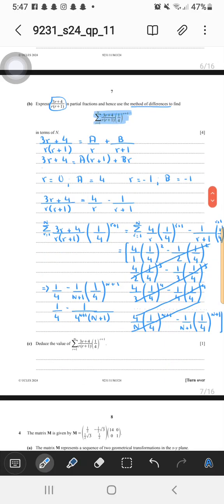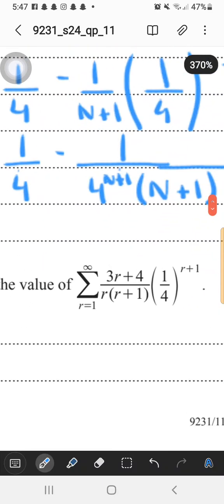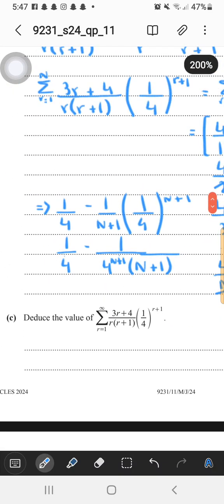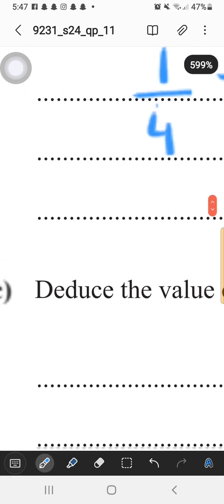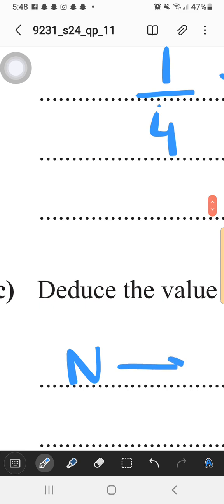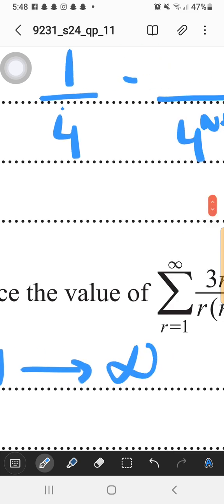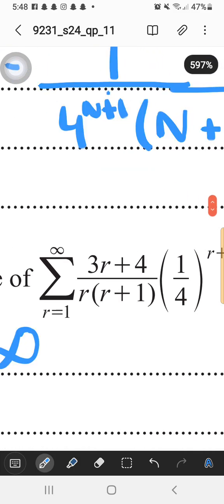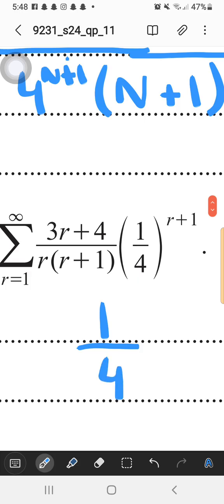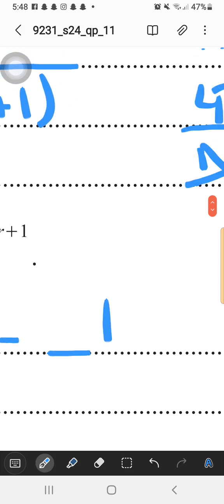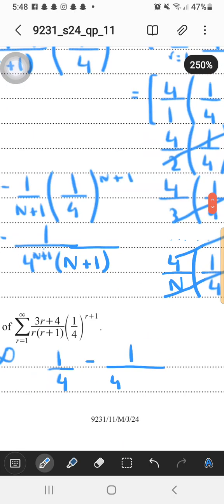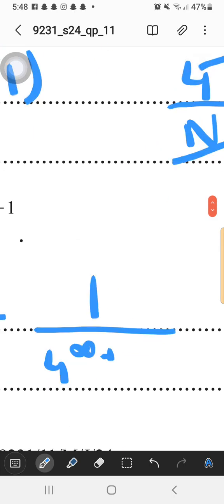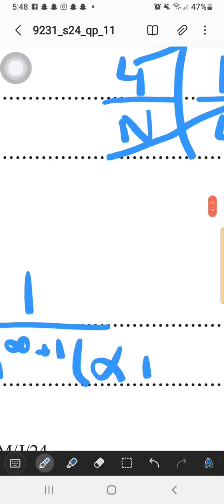Let's do the last part of this question. Now n becomes infinite. So what will be our answer? Okay, if n tends to infinite, it will be 1 upon 4 minus 1 upon 4 power infinite plus 1, then multiplied by infinite plus 1.